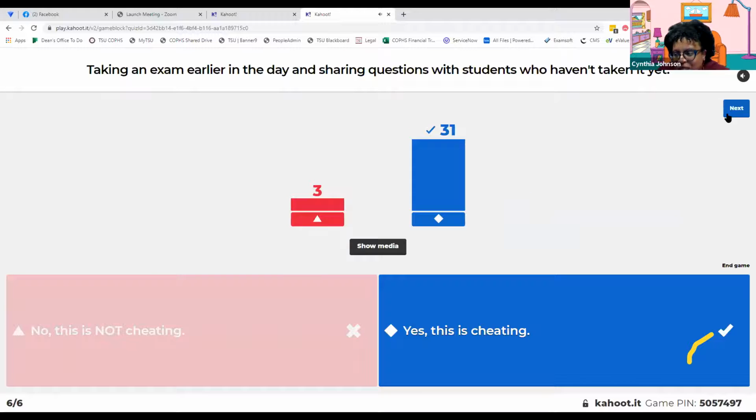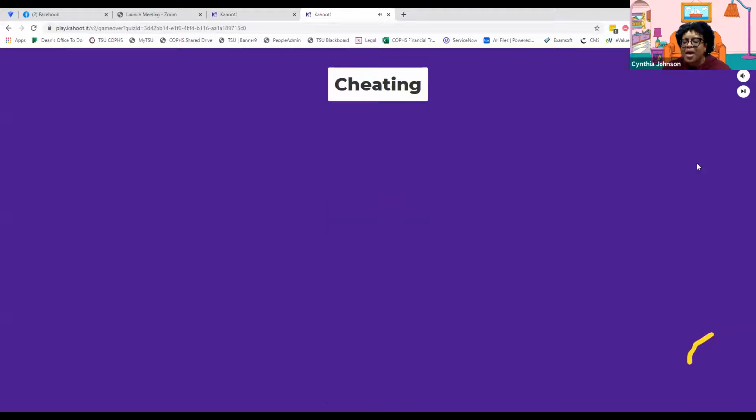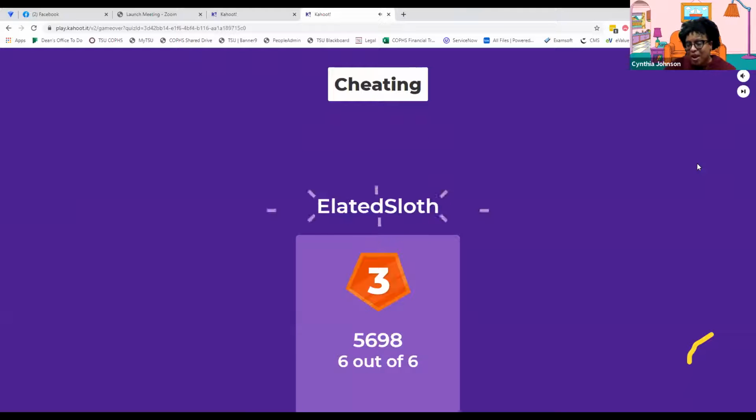That one's kind of tough because sometimes you come out of an exam and you go, hey, what'd you get for number one? When you've taken the exam together and you discuss the answers, that's not necessarily cheating. But when you talk to someone who hasn't taken the test, that is definitely cheating. Those were easy and very straightforward, but I have some tougher scenarios coming up for you next.